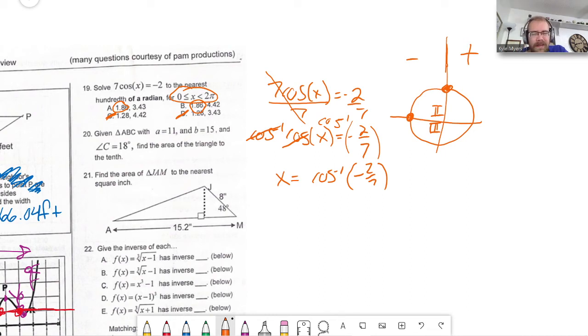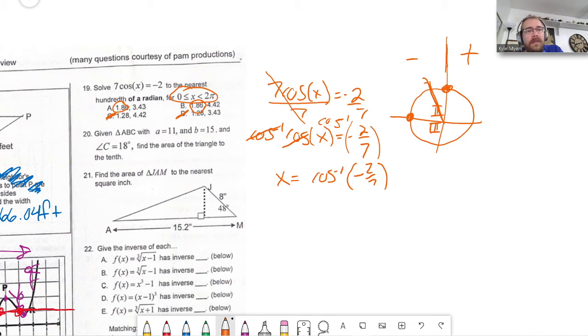Now, this is a little tricky because I have a decimal answer, but if my answer looks like this, if I want the reference angle, which I do, reference angle represents the angle between the line drawn, which I just drew, and the horizontal, or the x-axis.